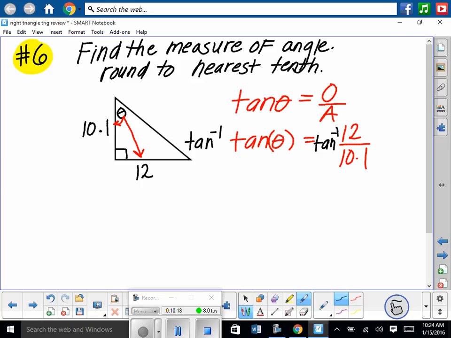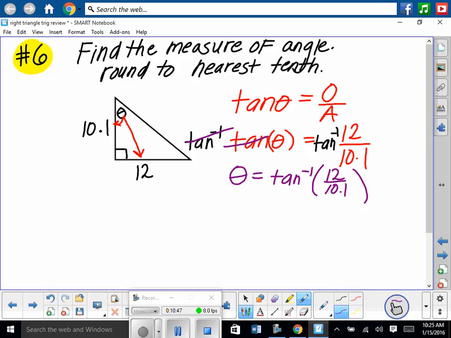Tangent inverse and tangent cancel out, leaving us with theta on the left. And on the right, we have tangent inverse of 12 divided by 10.1. Make sure in your calculator you type in tangent inverse, not tangent. The only time we take the inverse is if we're finding an angle. So you say second, then tangent, and then type it in.